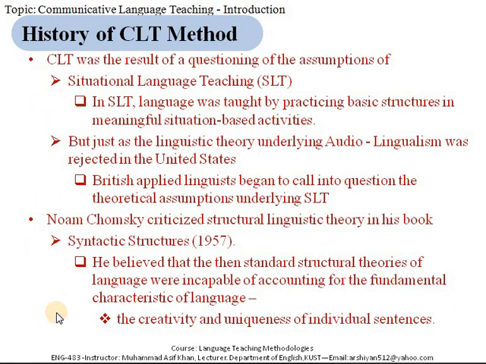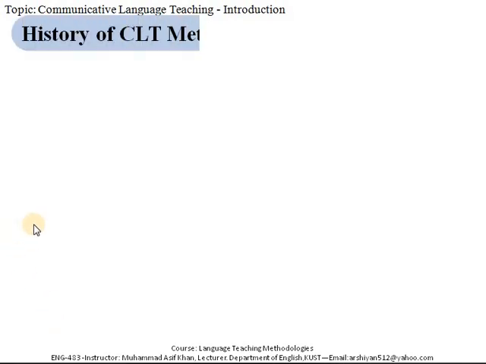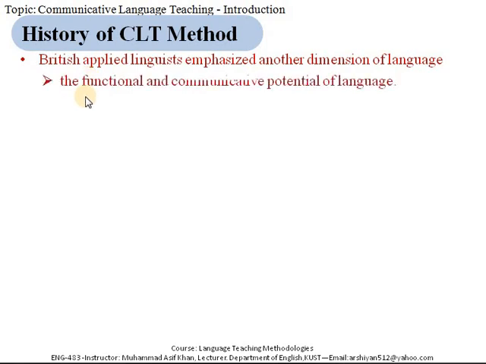Here we see that British applied linguists emphasized another fundamental dimension of language, an aspect which was not properly addressed in approaches to language teaching at that time. This dimension of language is the functional and communicative potential of the language. Which aspect was being neglected at that time?